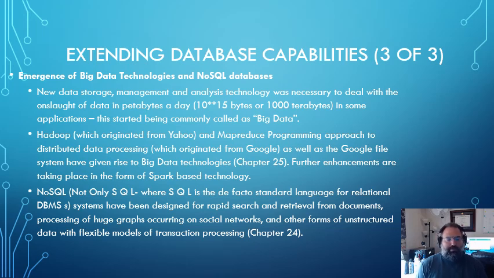NoSQL databases, and "not only SQL" is not really an accurate way of stating it. NoSQL implies originally that they did not utilize SQL as the query structure, although many NoSQL databases started adopting SQL-like languages for querying and operation. So some people try to argue it's "not only SQL." The capitalization's wrong.